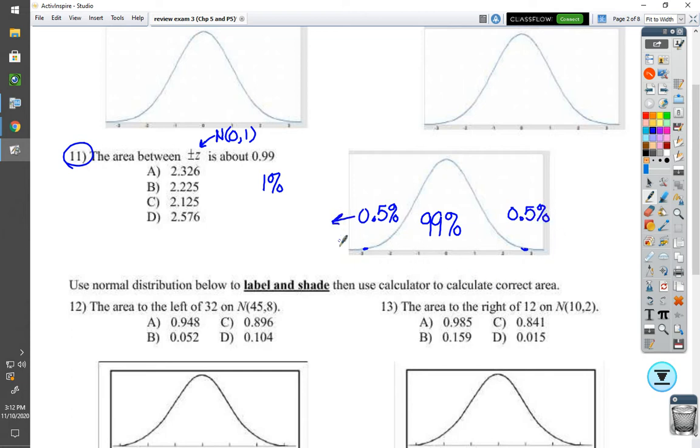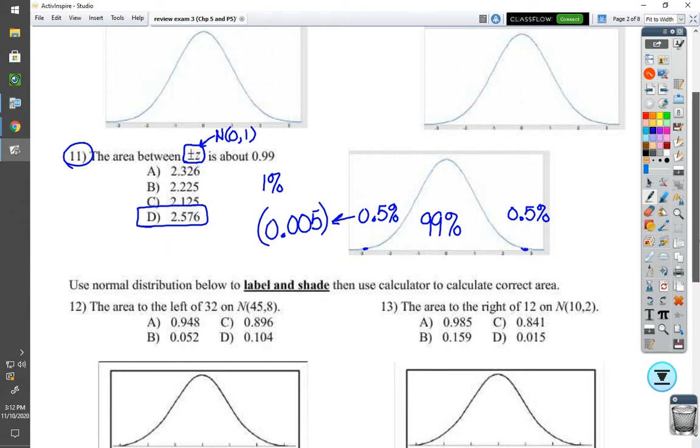But the decimal version of 0.5% is 0.005. That's what you saw me put into the calculator. So when I calculated, I looked at the inverse distribution going to the left-hand side of 0.5%. That gave me the negative 2.576 and positive 2.576.